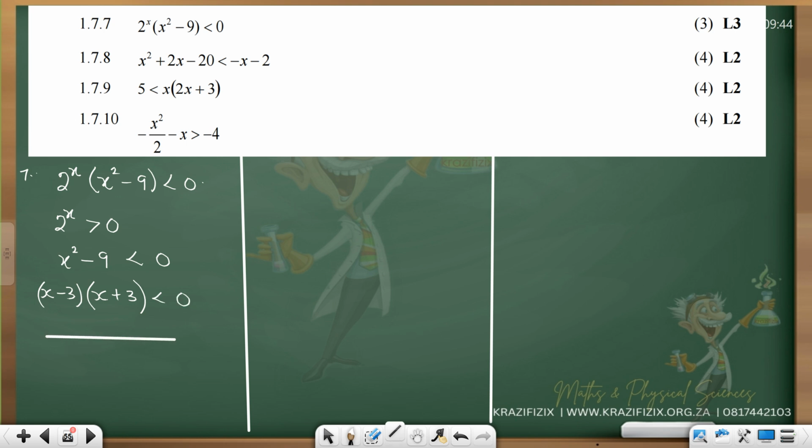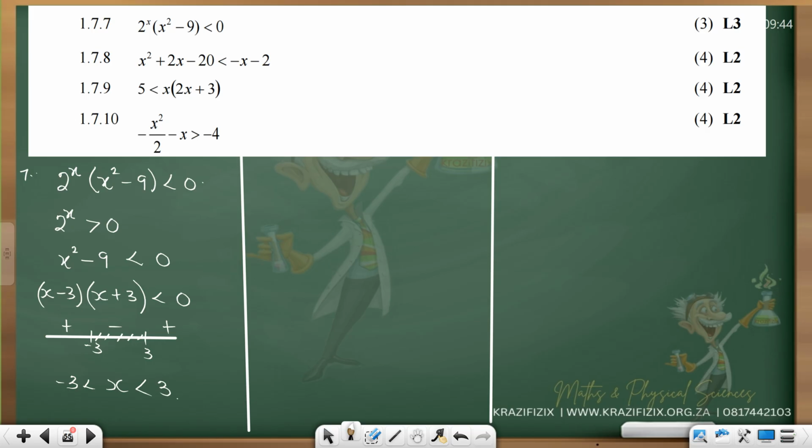Then we can create our number line quickly. -3 and +3. Plus, minus, plus. We want negative, less than 0 means negative.